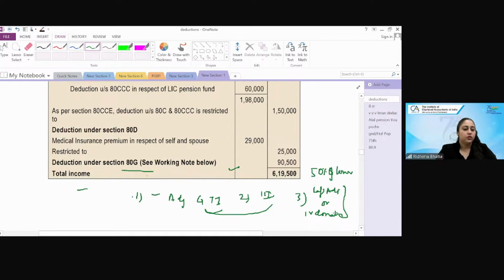Yes, I know your ITR form calculates it itself, but in exams you have to calculate it yourself. So make sure that it is clear. How to remember, which one to remember, that is also sorted. Any other doubt in this under 80G? Go through the question once, go through all the provisions once.